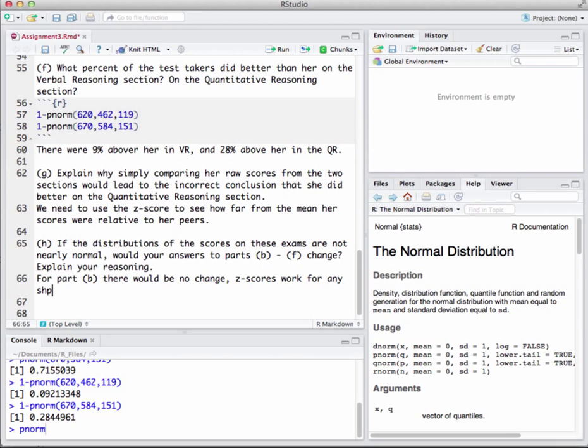But the remaining problems were calculated using a normal distribution. So no can do. You can't use the normal distribution for calculating the rest of those.